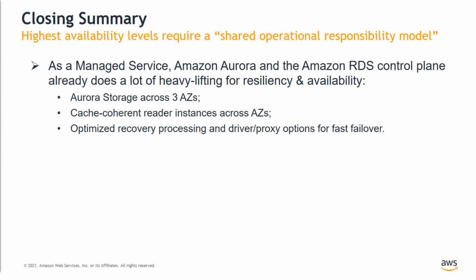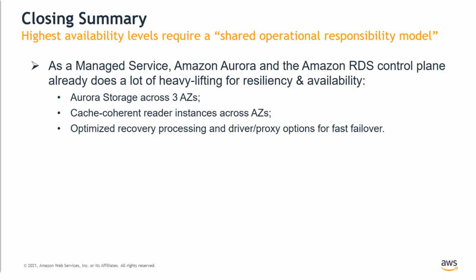So in closing, in summary, I wanted to introduce this notion of a shared operational responsibility model, right? When you think about all the things we've gone over today, as a managed service, a lot of the secret sauce for resiliency and high availability is kind of hidden from you. You don't have to do a lot because it's embedded in Aurora or it's embedded in the RDS control plane, right?